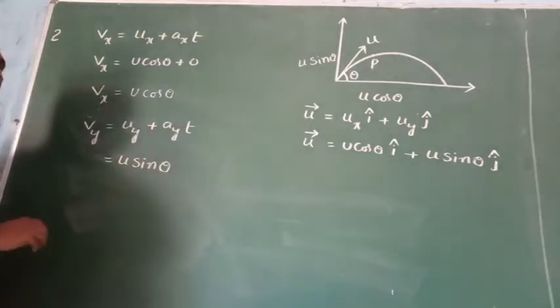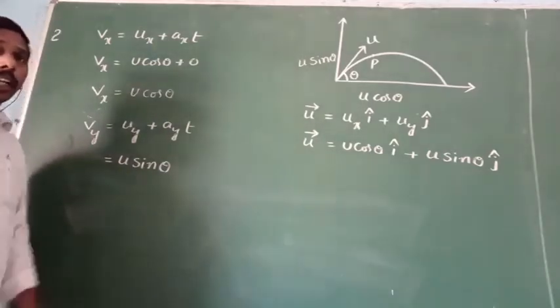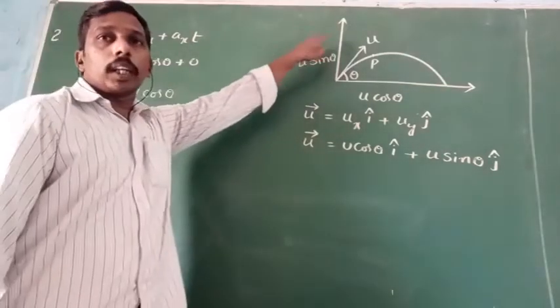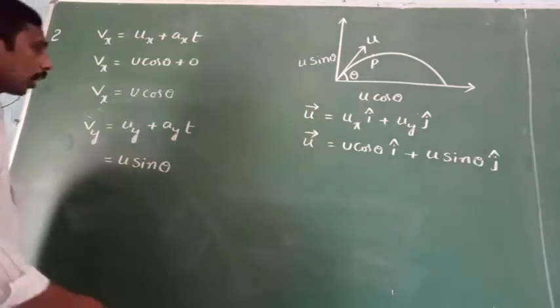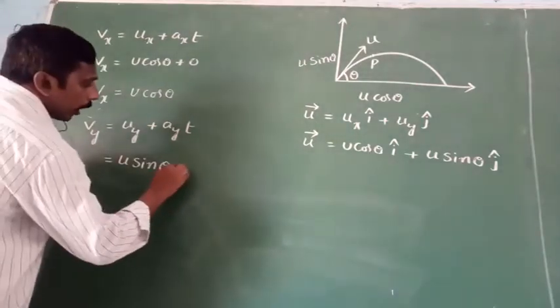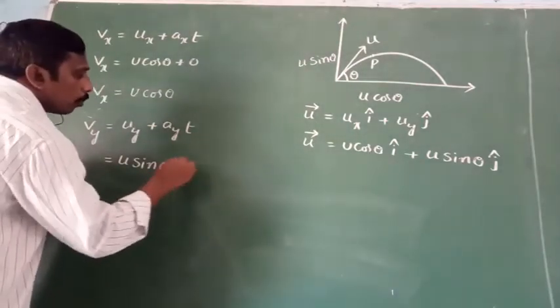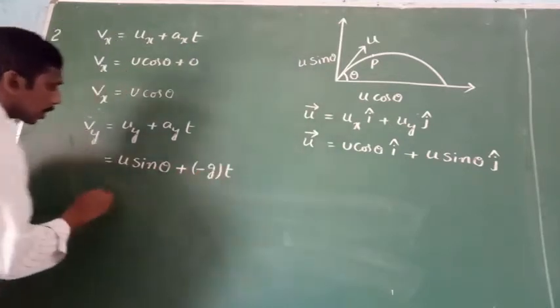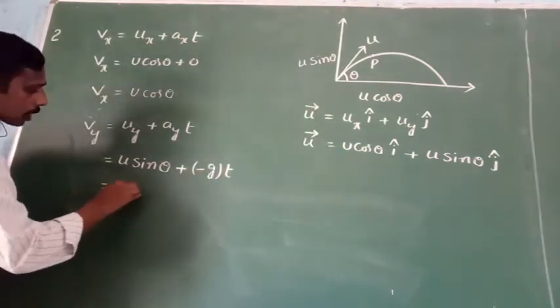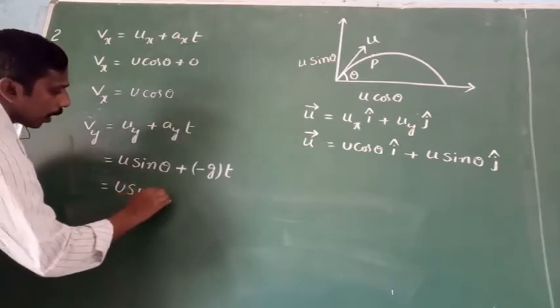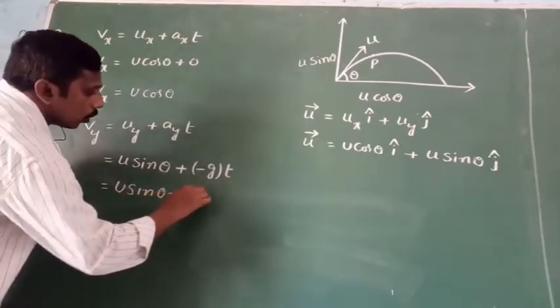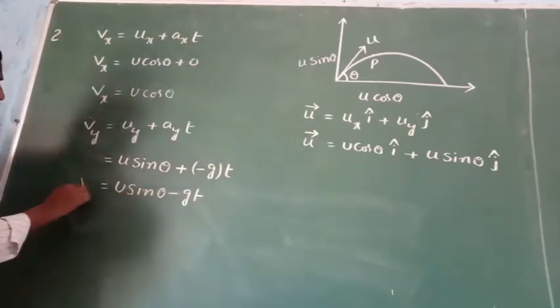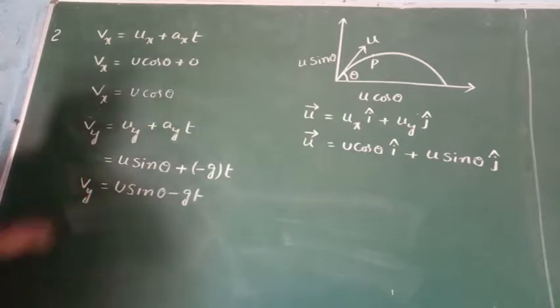Acceleration is acting vertically downward, but here the body is going vertically upward, so both are in opposite directions. That's why we take a is equal to minus g. So Vy is equal to u sin theta minus gt. This is the velocity along the y direction after t seconds.